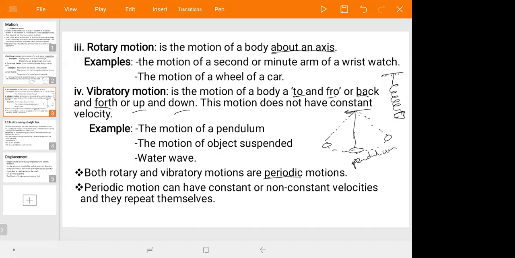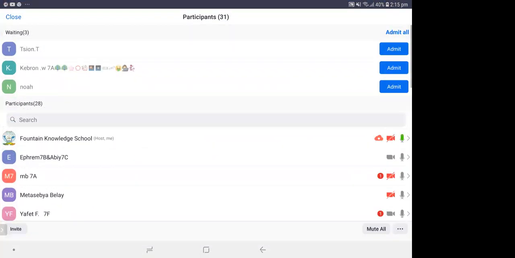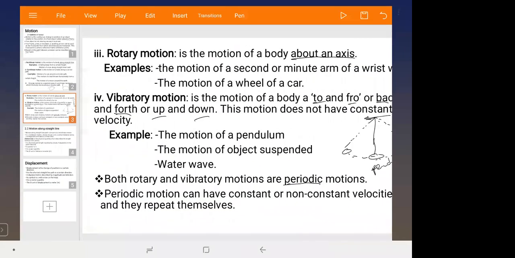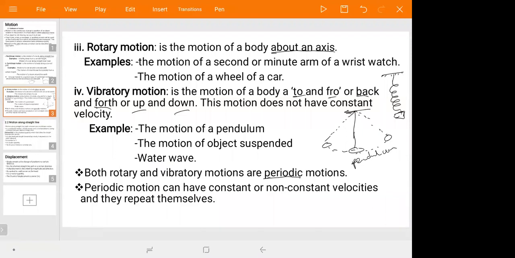So we can generally classify motion into four categories. The first one is what type of motion? Rectilinear motion.